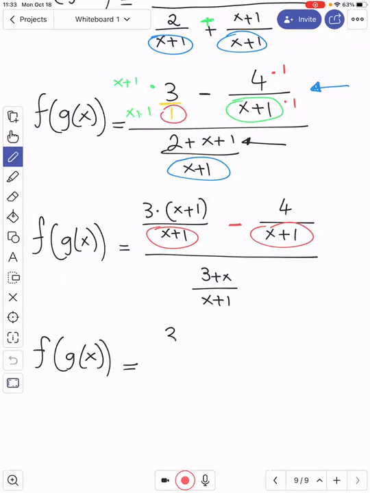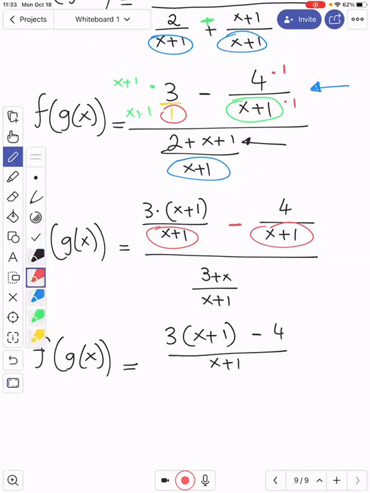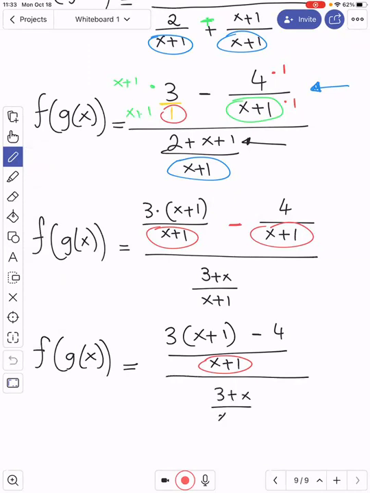So I'm going to subtract, so we have 3 times x plus 1 minus 4 over the x plus 1, which is my common denominator. Over the whole thing over another fraction, which is 3 plus x over x plus 1.